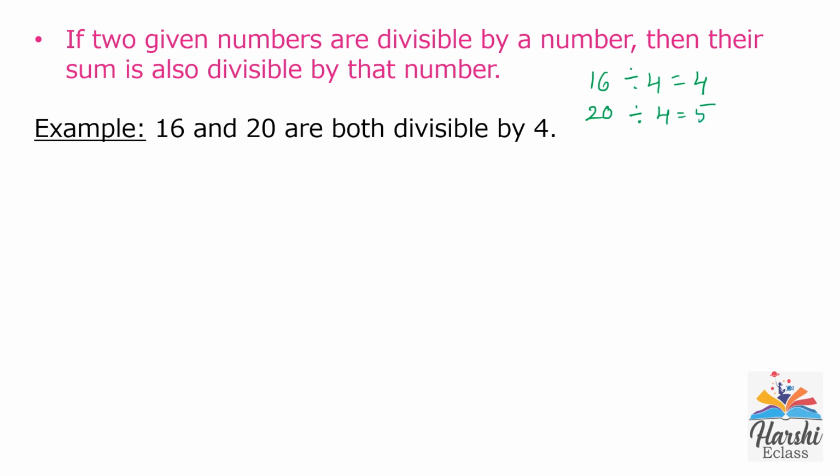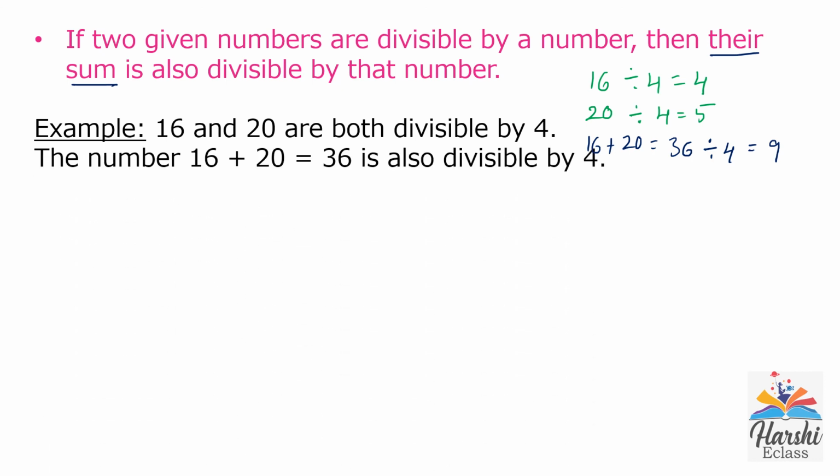So, their sum is also divisible by 4. 16 plus 20 is equals to 36. 36 is also divisible by 4. 4 9s are 36.